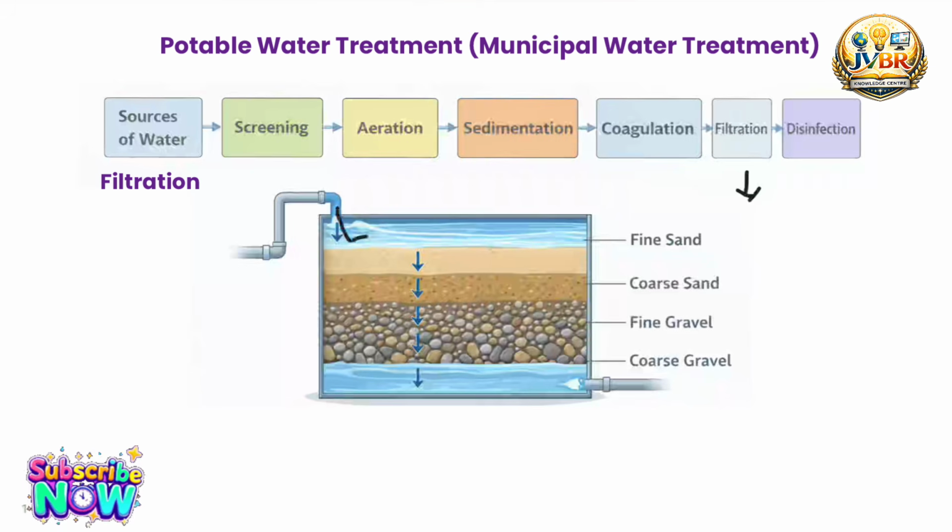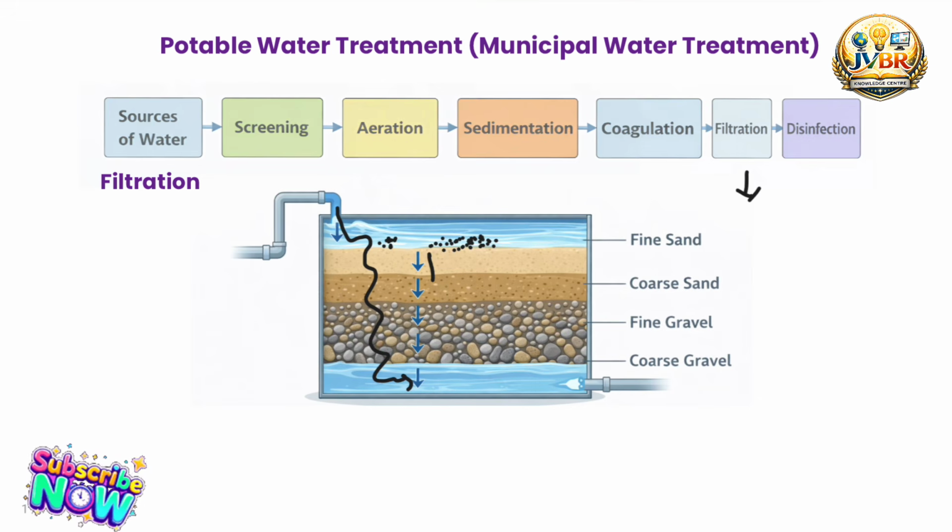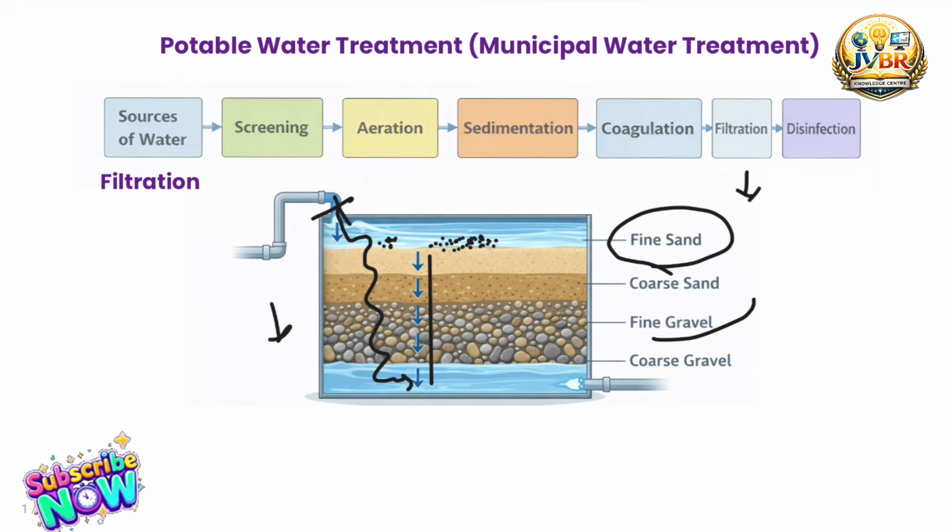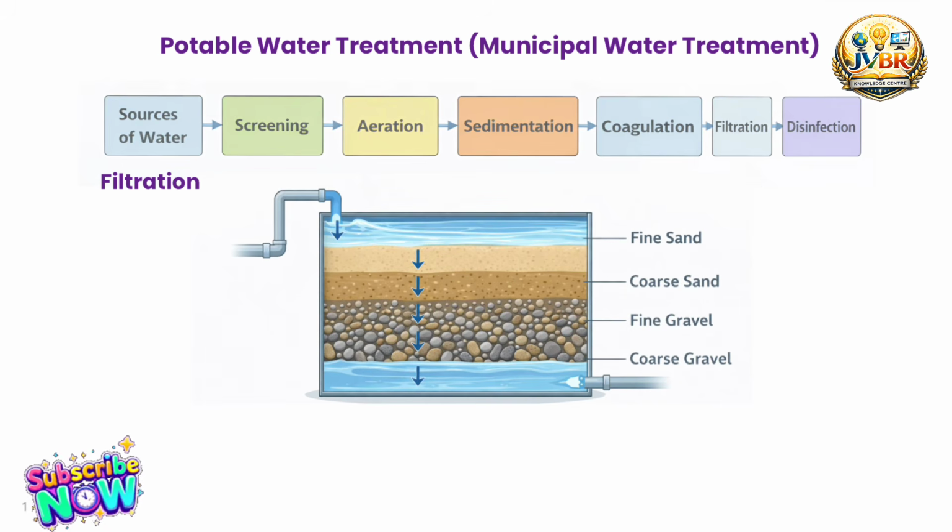When we pass water through from the top layer to the bottom, the sand filter stops the suspended particles and the particles which cause bad smell, color, and taste, and it allows the remaining water. When the flow rate decreases, then stop the filtration and replace with fresh sand and gravels. After filtration, water is allowed to the next process called disinfection.